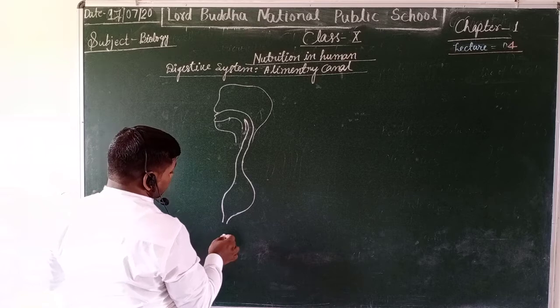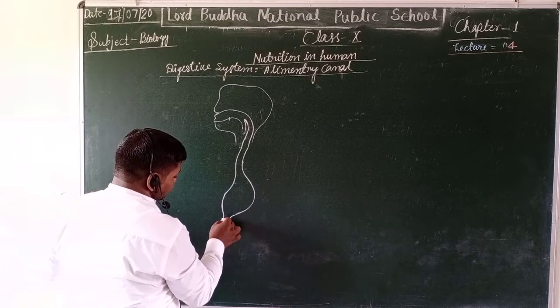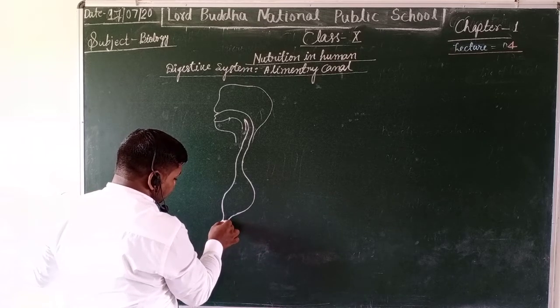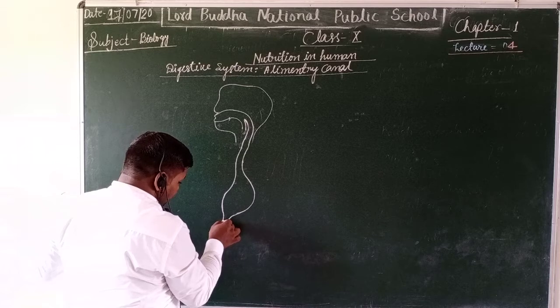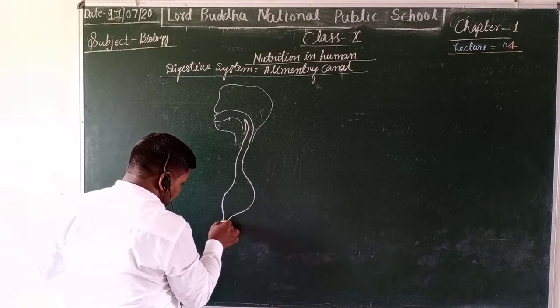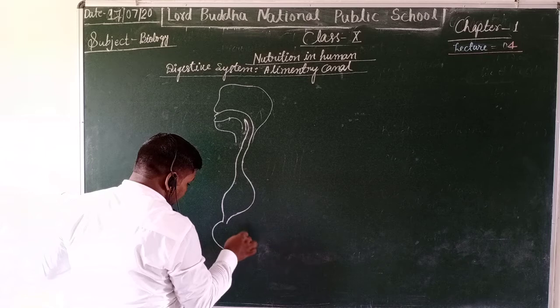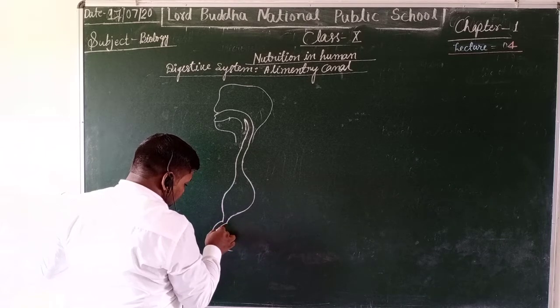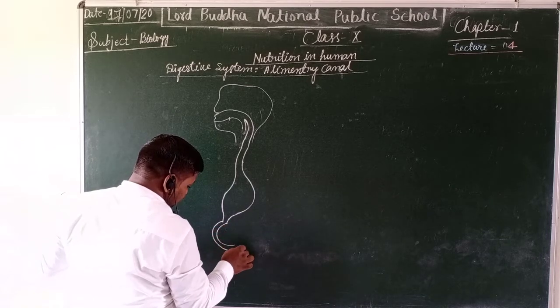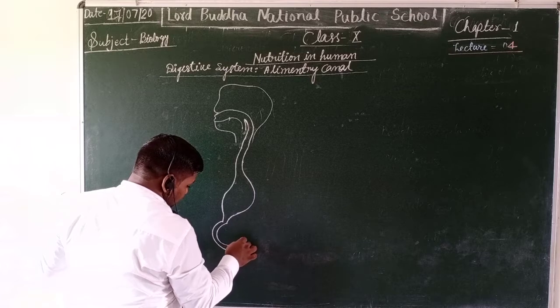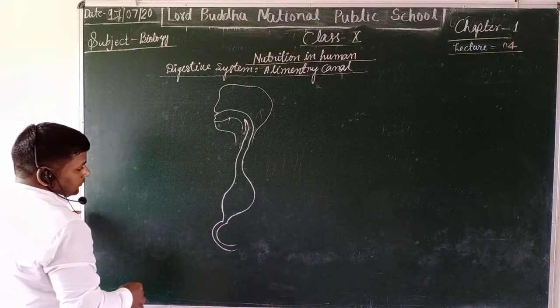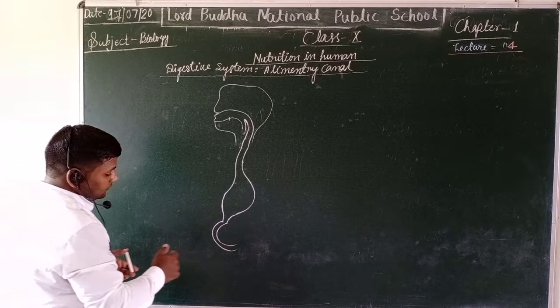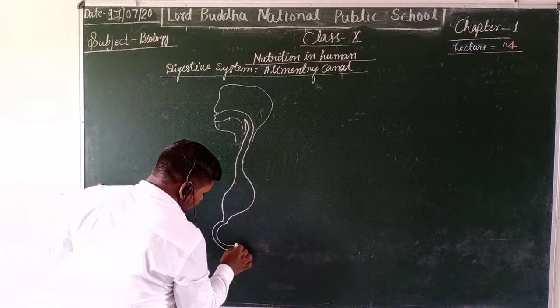Where the pyloric part of the stomach ends, the first part of the small intestine, the duodenum, starts.